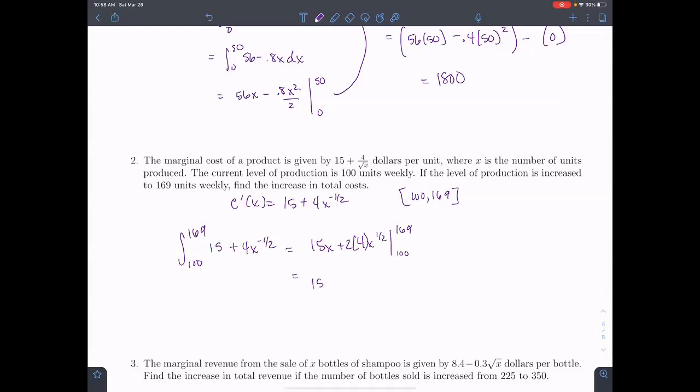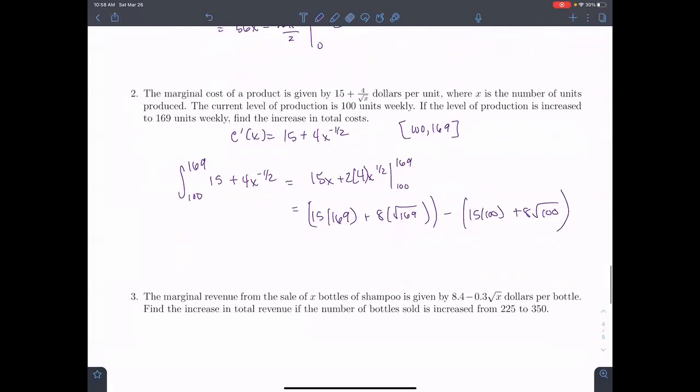So 15 times 169 plus 8 times the square root of 169 minus 15 times 100 plus 8 times the square root of 100. This is a lot of stuff happening.